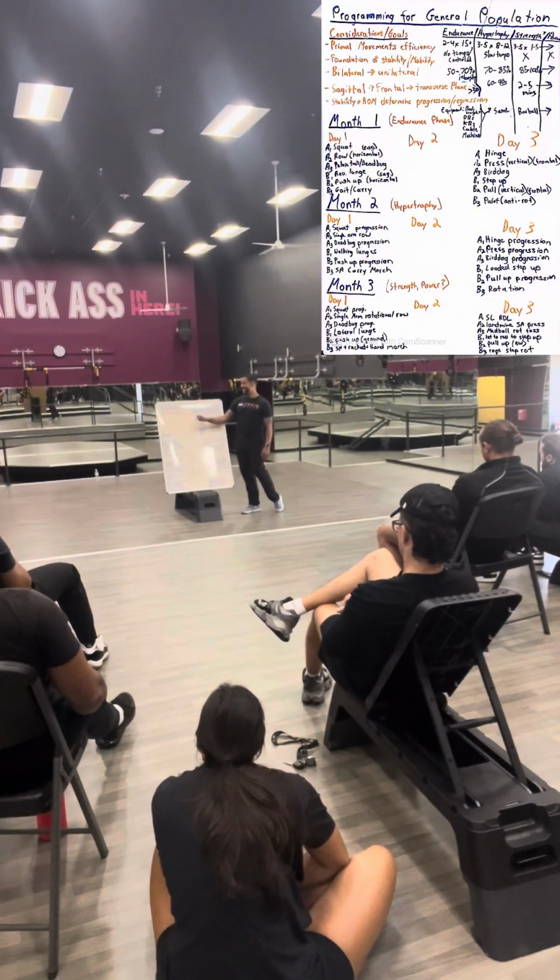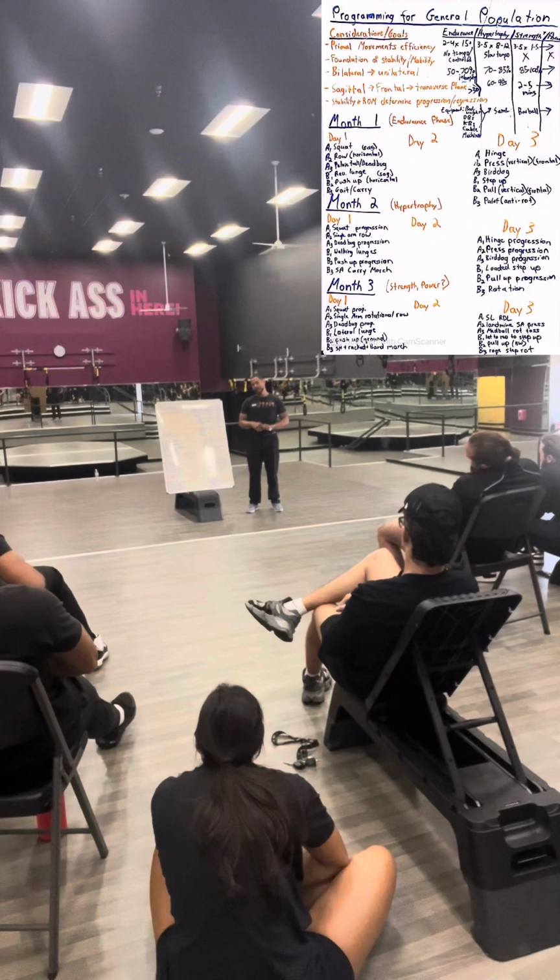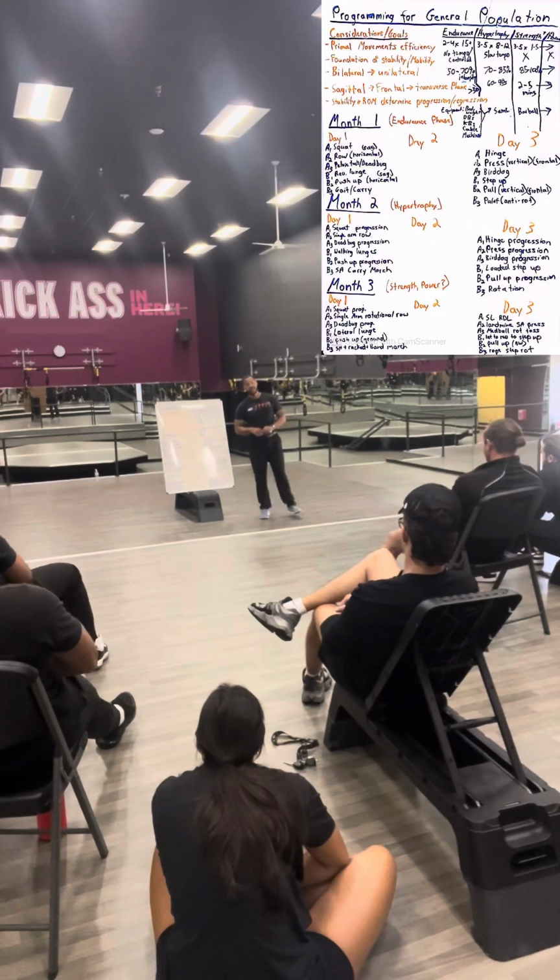In terms of the intensity, so when I say the intensity of an exercise, what does that mean? How hard it is. Yeah, but let's be a little more scientific with our explanation. So the intensity is basically the percentage of a 1 rep max of an exercise.